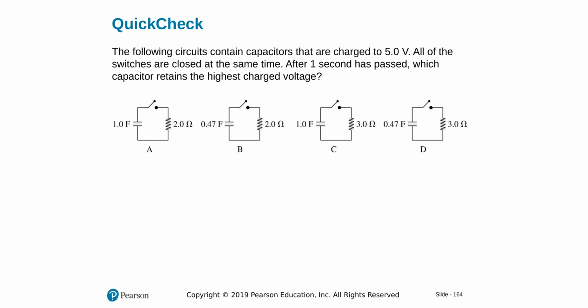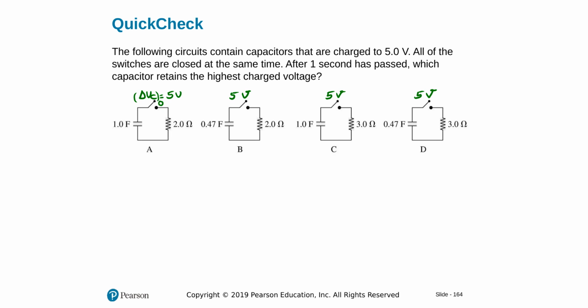The following circuits contain capacitors that are charged to 5 volts, so each has the same delta V, that will be delta V0. So each has the same overall potential difference initially.